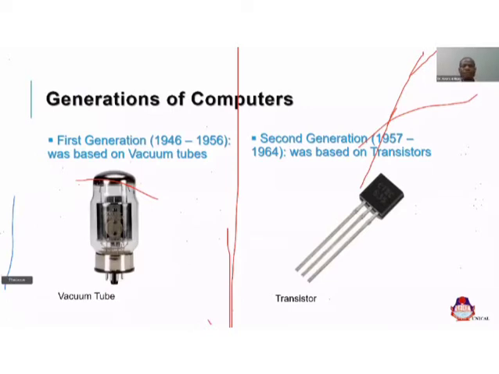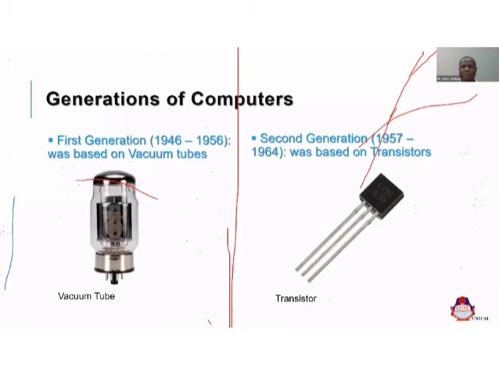The first generation of computers covered around 1946 up to 1956. The core technology at the time was the vacuum tubes, which look like the conventional old electric bulbs we used.